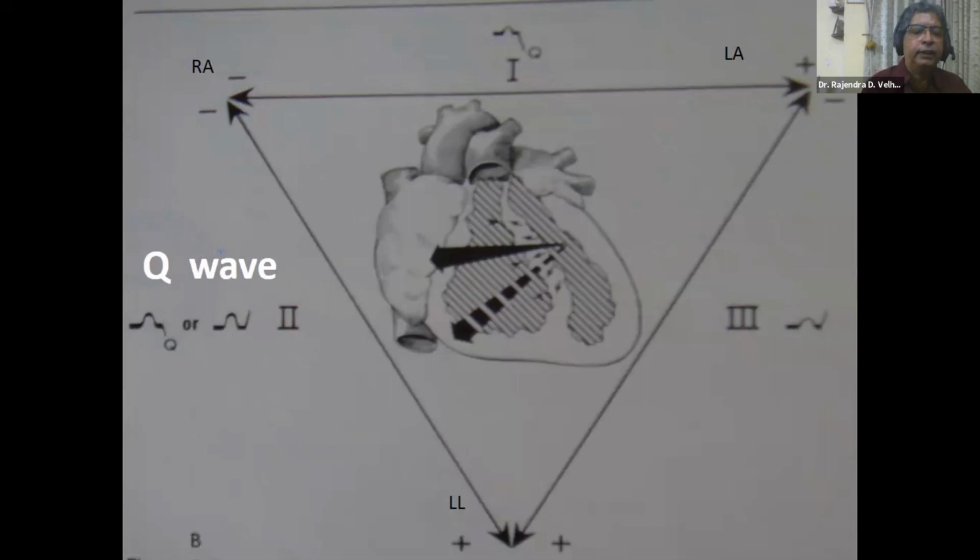So the first deflection after the PR segment is called the Q wave. The Q wave is the first negative deflection, formed by the depolarization of the mid and apical portion of the interventricular septum.